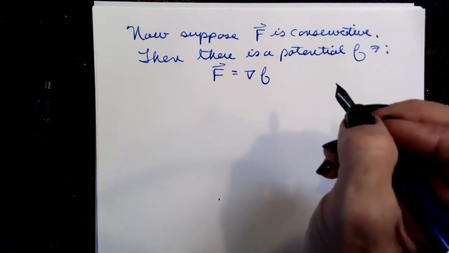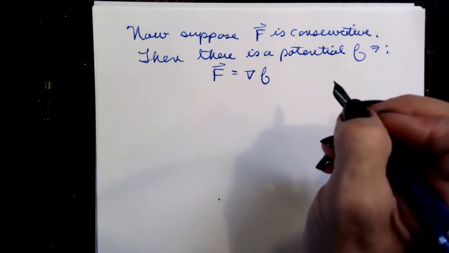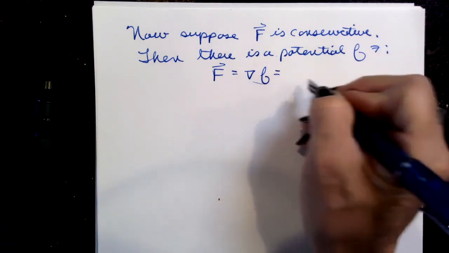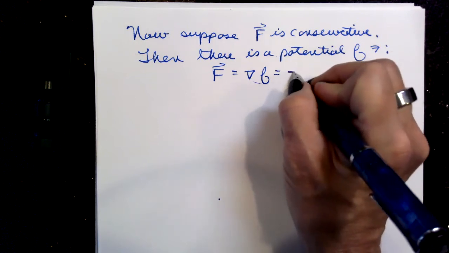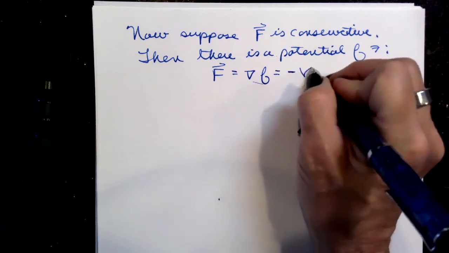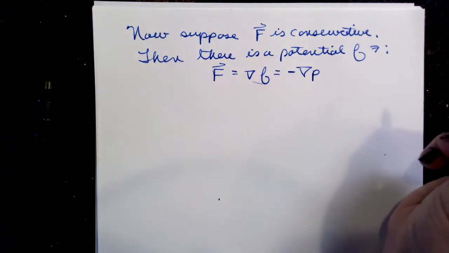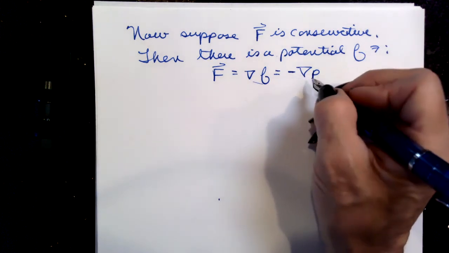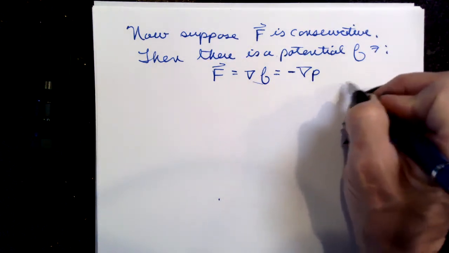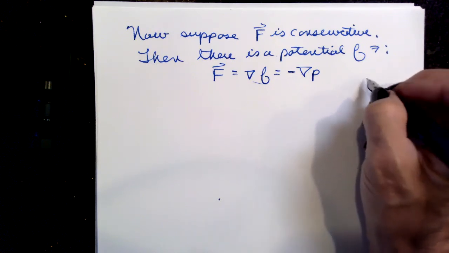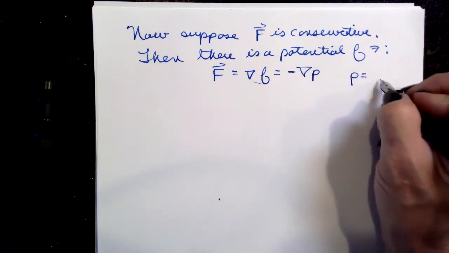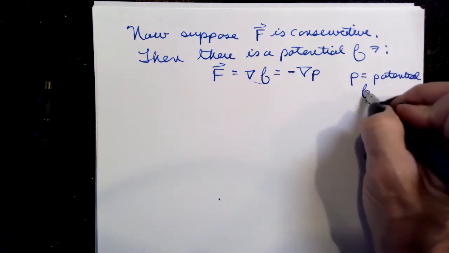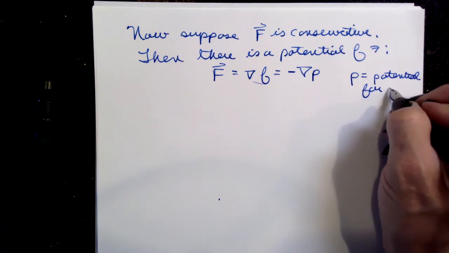I think at some point people began to do that just to confuse each other. Just kidding. Anyway, this is what a mathematician calls a potential. But to a physicist, F is minus the gradient of what they call the potential, the one that leads to potential energy, so little p here is the potential for potential energy.